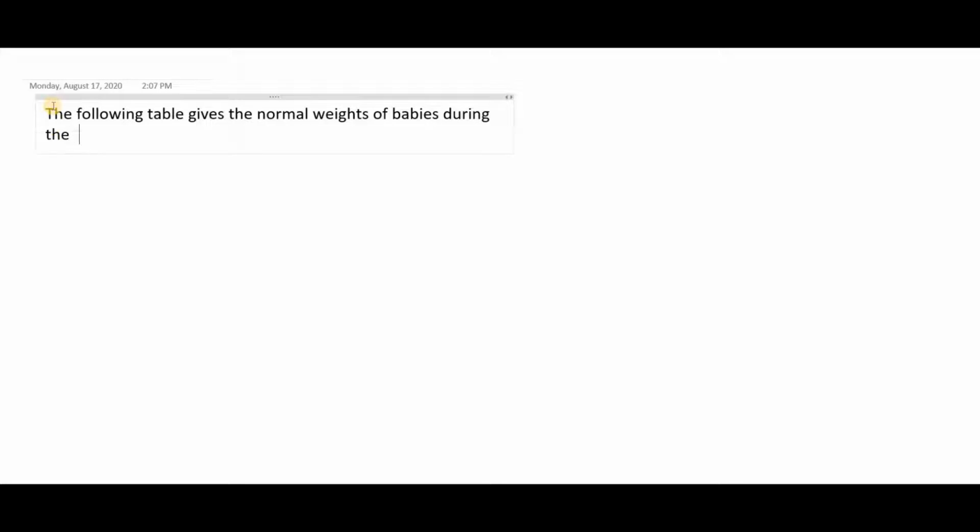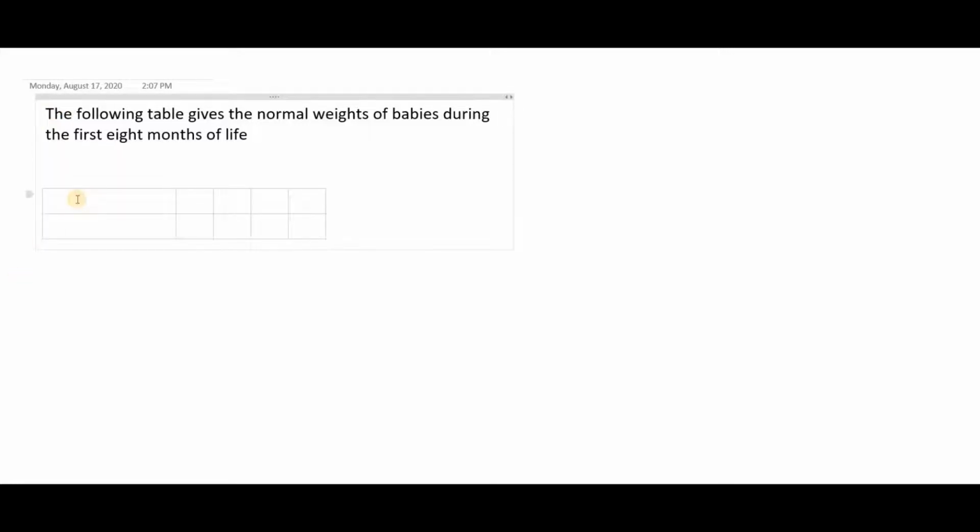Second example: the following table gives the normal weights of babies during the first 8 months of life.